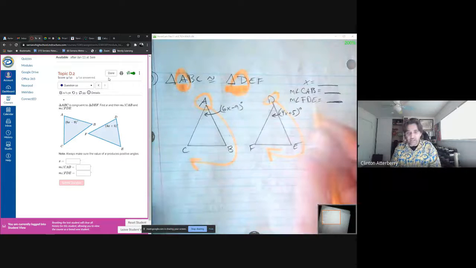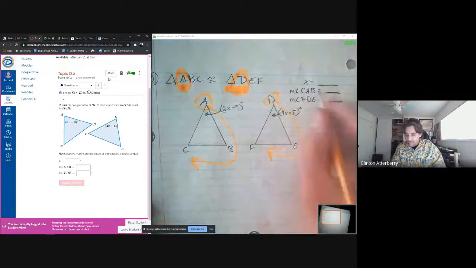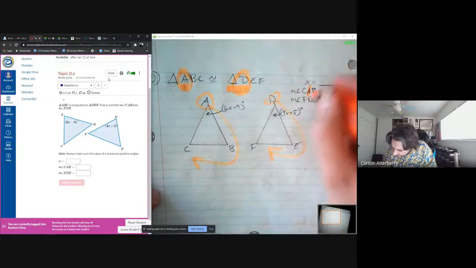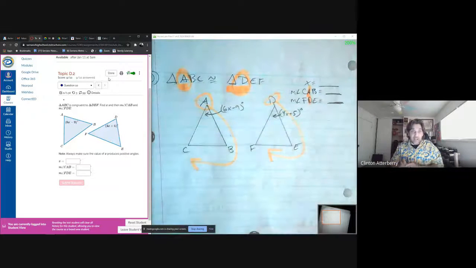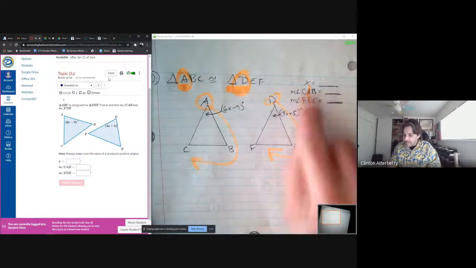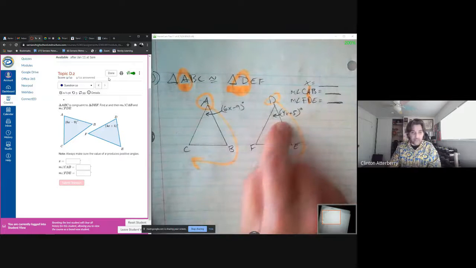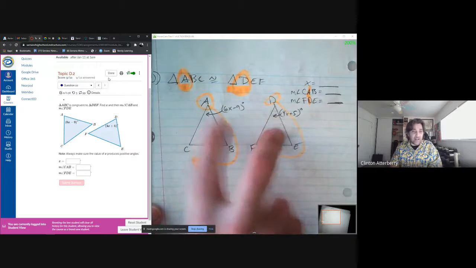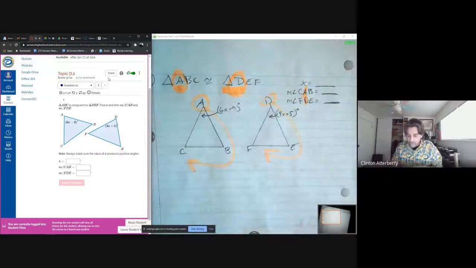So I'm looking right now, it says CAB and FDE. You notice that the vertex in the middle, A and D, remember that letter they put in the middle? That letter they put in the middle is kind of where the angle is. Okay, so A and D, A and D. So all I want us to do is solve for X, put them equal to each other, solve for X, and then plug that number back in. Now they're going to be the same number, just like we were doing in the past.